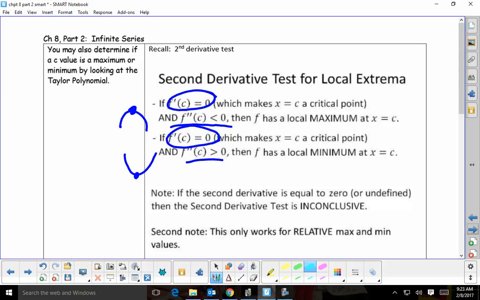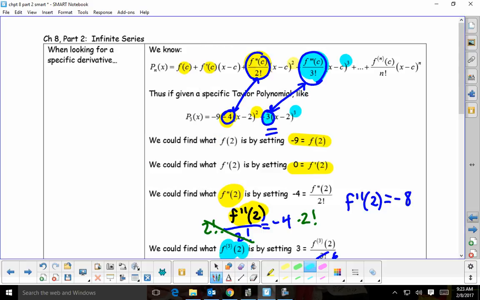Okay, so kind of thinking back to this guy right here. We said, what's my first derivative at 2 in this case? Well, did I see an x minus 2 to the first? So what did it have to be? 0. Agreed? What was my second derivative at 2?